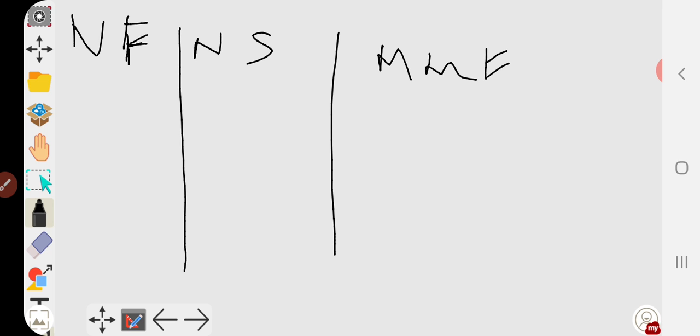These are the three categories where basically we are going to divide all these lakes. F indicates fresh, N indicates natural, S indicates saline, MM indicates man-made.